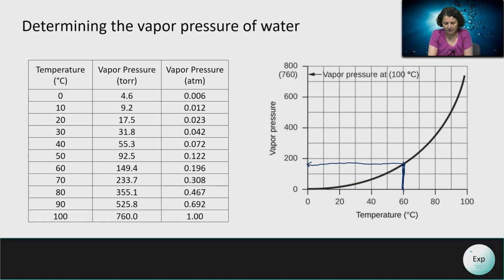In this case, we can say that at 60 degrees Celsius, the vapor pressure of water is approximately 165 millimeters of mercury. However, the simpler approach is to find a table that lists the different temperatures and their associated vapor pressures. Most of the time, we can find it in torrs because those are going to range between a small number and 760. And those can easily convert to atmospheres. And occasionally, we may also find these tables connecting the temperature to atmospheres.